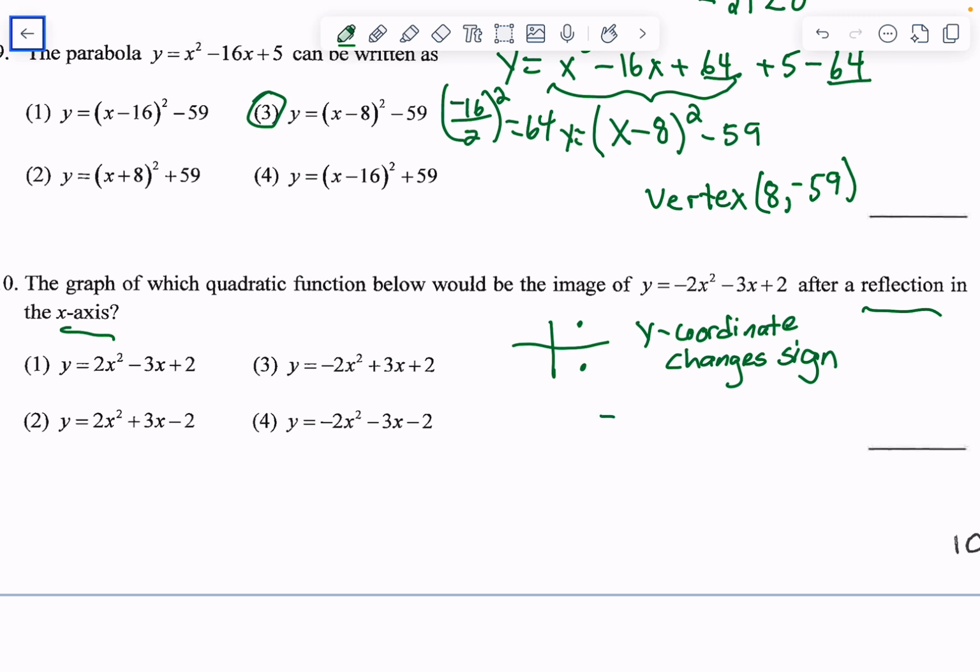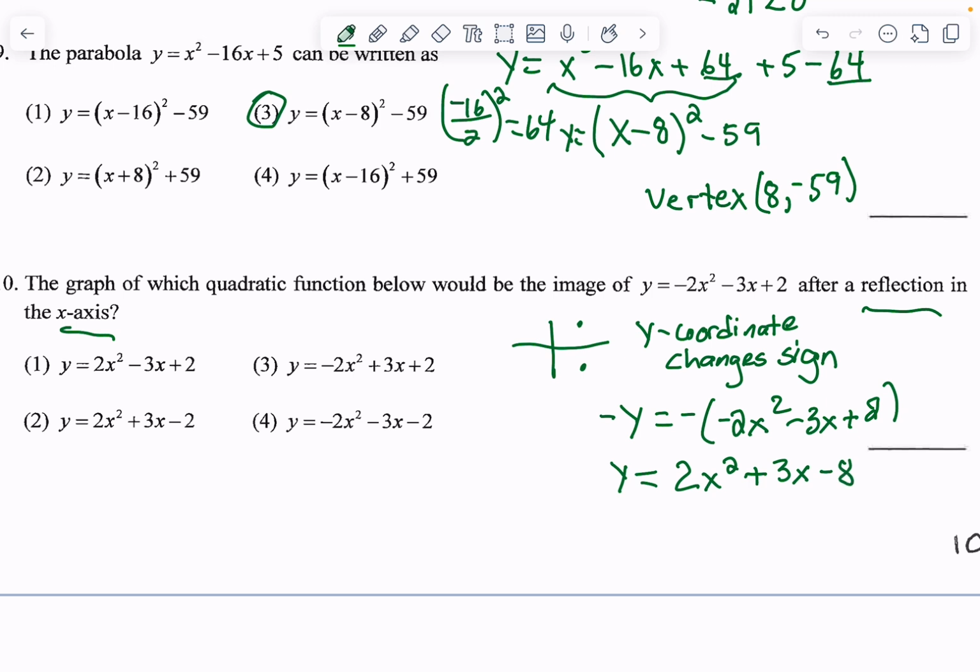So if we're going to take the negative of y, right, we also have to take the negative of everything over on the other side. All right. So that means that we're going to get y is equal to positive 2x squared plus 3x minus 8. All right. So 2x squared plus 3x minus, the last number is 2.